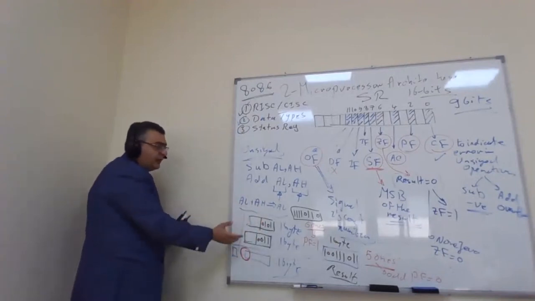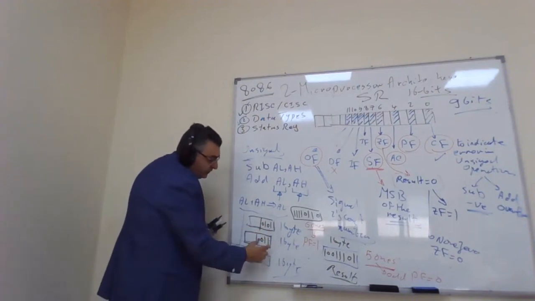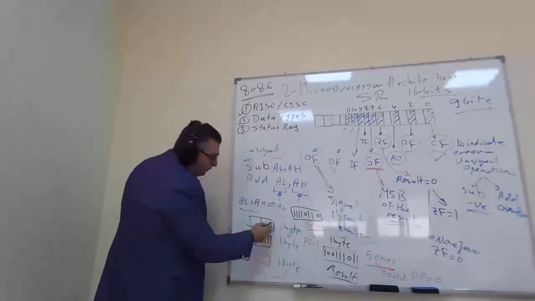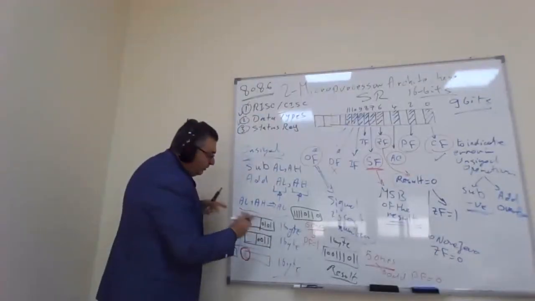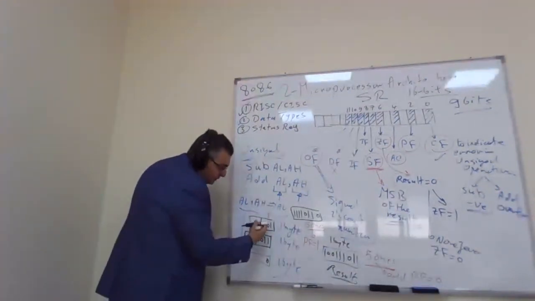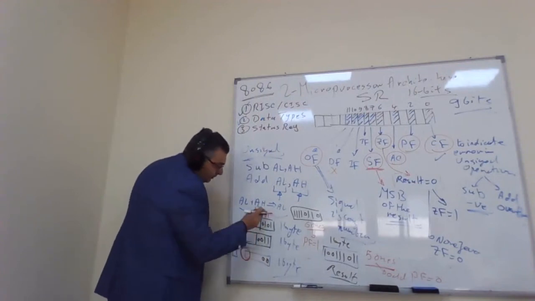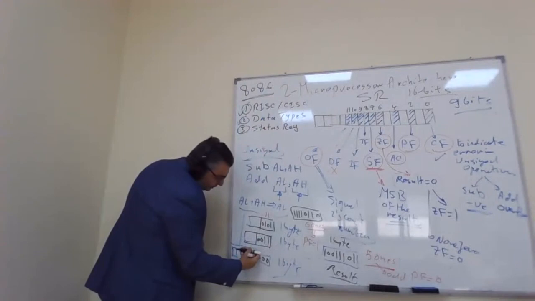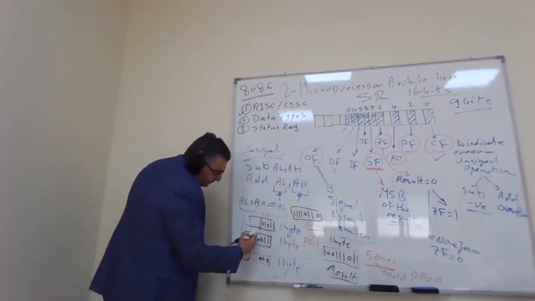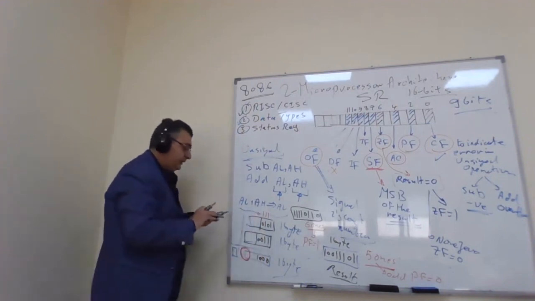I am adding those 2 bytes together, 1 byte and 1 byte. The first nibble of those, while I am doing addition, I am having the carry, right? 1 plus 1 is 0 and carry. 1 plus 0 plus 1 is 0 carry. 1 plus 1 plus 0 is 0 and carry. 1 plus 0 plus 0 is 1, 0 carry.